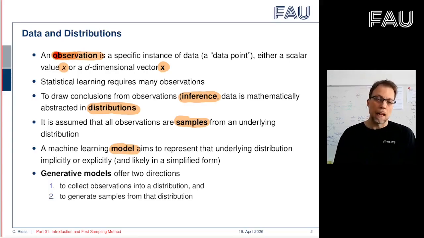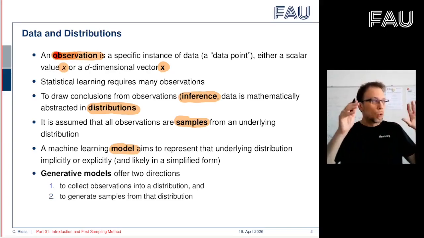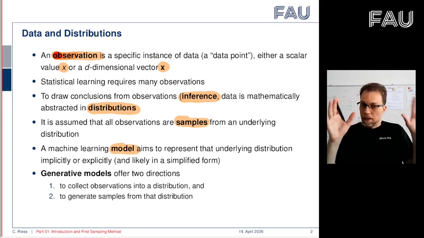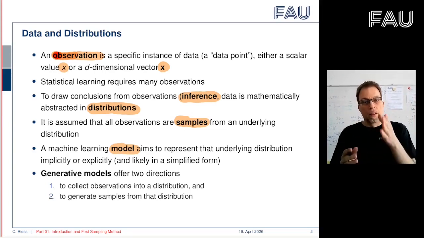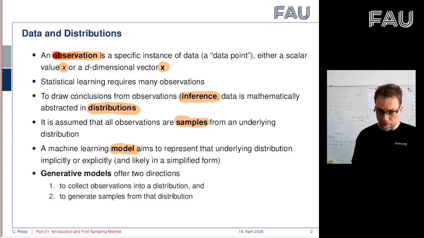Yeah? And usually, since I was mentioning this true global distribution, and then we take a picture of it, the representations that we actually form in the computer are usually simplified forms of these real-world distributions, because how could we possibly model the whole world? No? Okay, but this is a different topic.